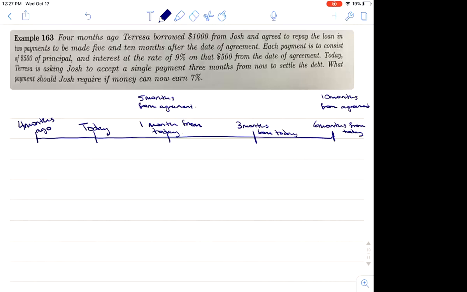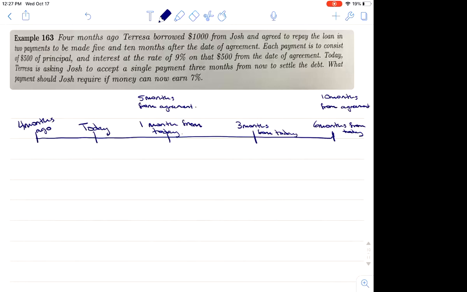What do we have here? Okay. So we want to know how much does she have to pay 3 months from today, to make up for one payment a month from today and a payment 6 months from today. Because we're interested in the value at 3 months from today, it doesn't say that's the focal date, but because that's the one that we're interested in, we want to find the value at 3 months from today.